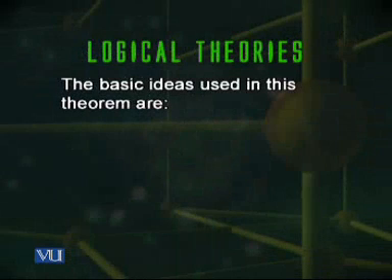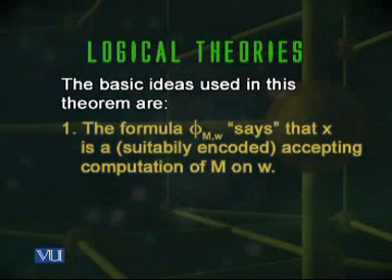So I will tell you a bit about the techniques and the main points that are used in this proof. The basic idea used in this theorem is that the formula phi_{M,w} says that x is an accepting computation of M on w. So what we do is we construct a formula which says that x is an accepting computation history of M on w.